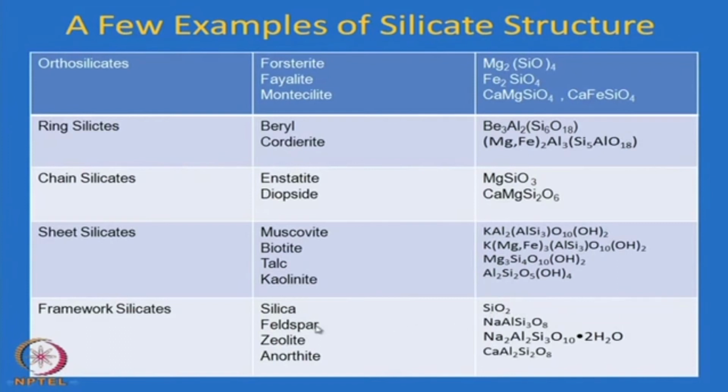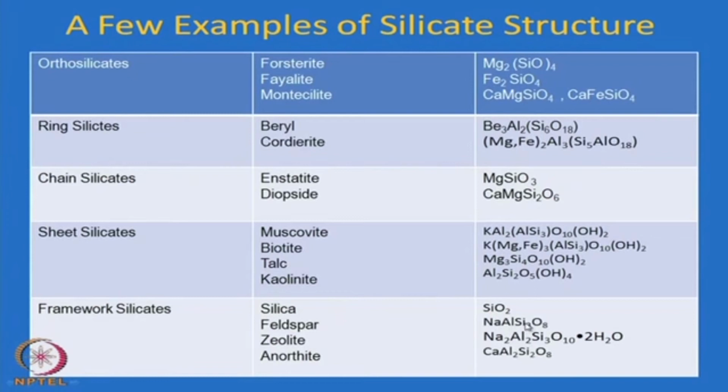However, very similar things can also happen with other compounds like feldspar: sodium, aluminum, silicon, oxygen. How do the other cations come in? Because a part of the silicon has been replaced by aluminum.